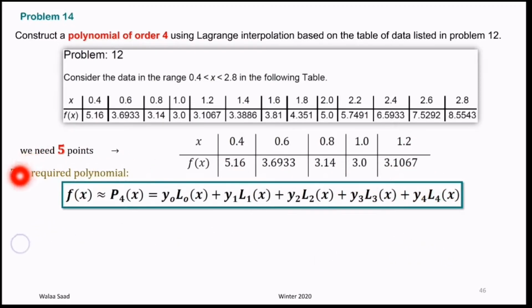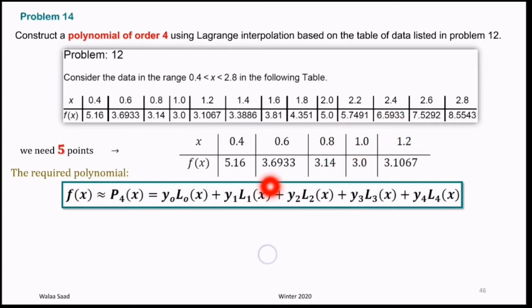What is the next step? Yes, it's to compute and derive the L0, L1, L2, L3, and L4. Start with L0, where we will avoid using the x0 at the numerator and then use it in the denominator. So the numerator of L0 is the product of x minus all values except x0: x minus 0.6, x minus 0.8, x minus 1 times x minus 1.2.